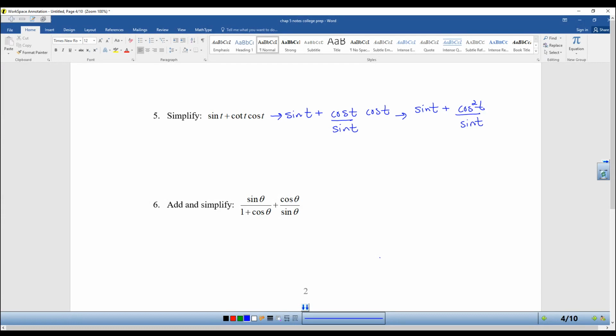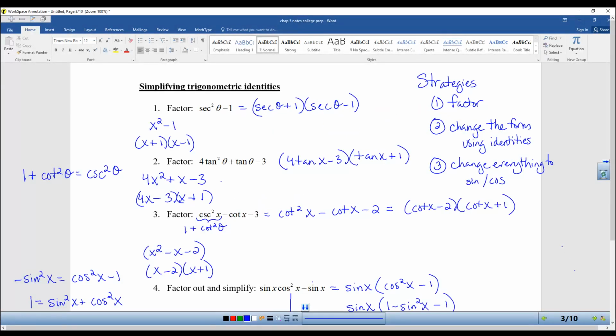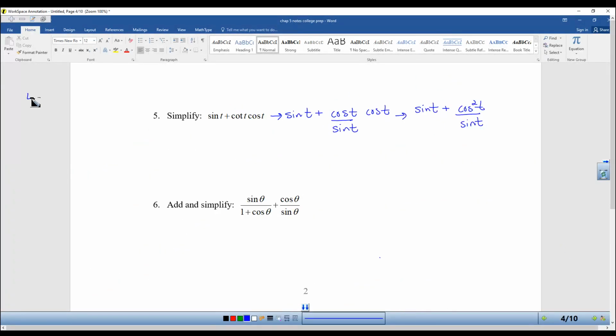And now, I guess I won't keep writing on this paper, but we're on number 4 now. Strategy number 4, if you have 2 terms, get a common denominator. So a lot of times the way you simplify things is to make it into a single fraction. And I can do that by multiplying the top and the bottom by sine.